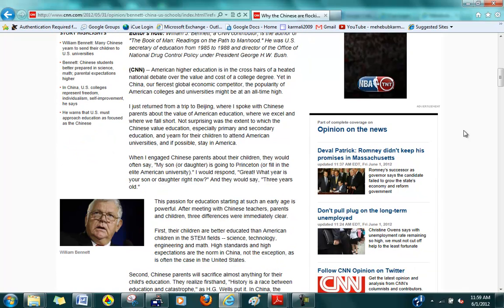So look what this is saying. This passion for education starting at such an early age is powerful. After meeting with Chinese teachers, parents, and children, 3 differences were immediately clear. First, the children are better educated than American children in the STEM fields: science, technology, engineering, and math, which is what I've been saying all along.